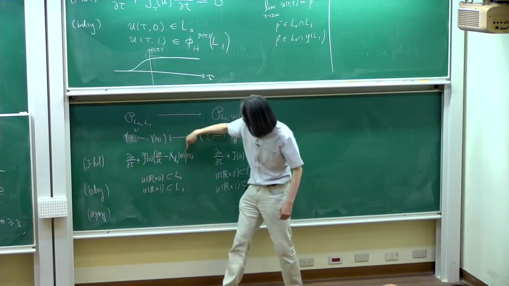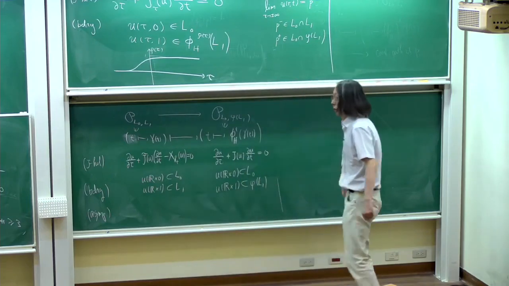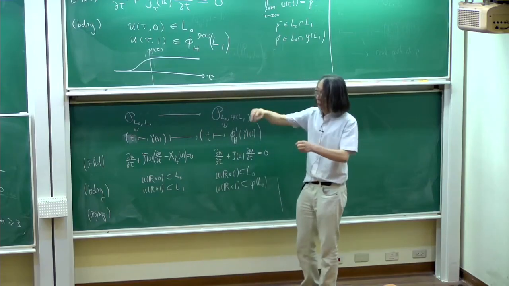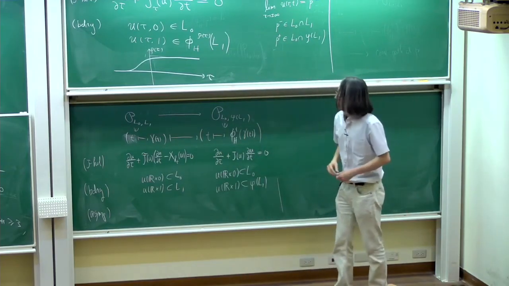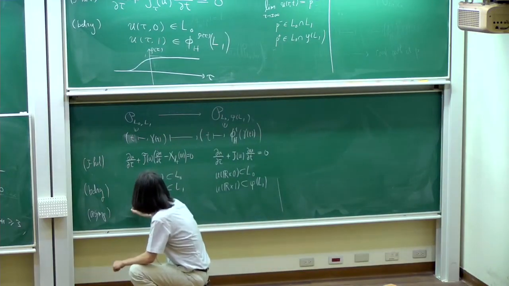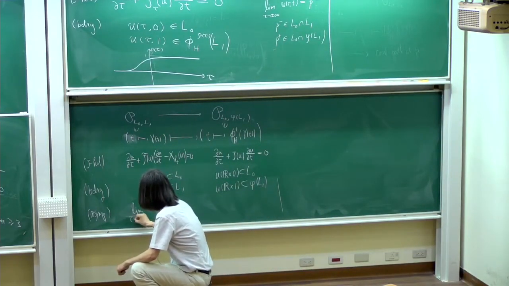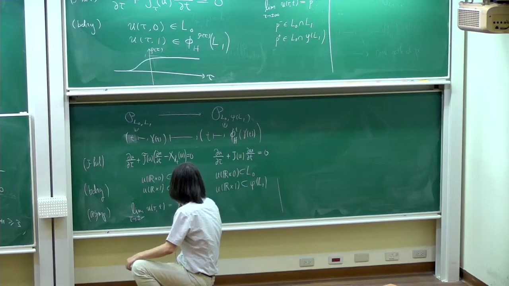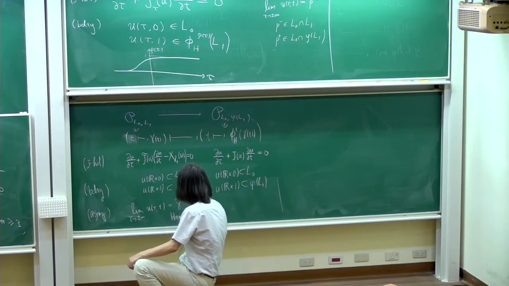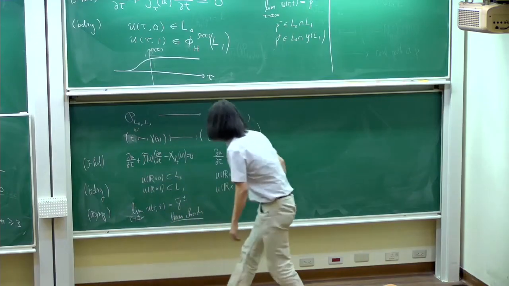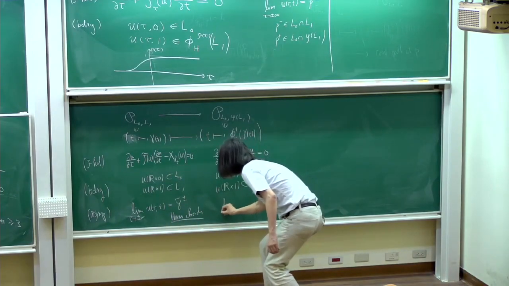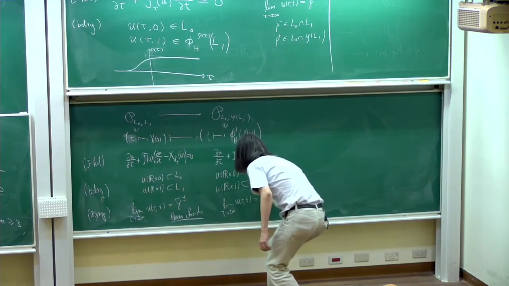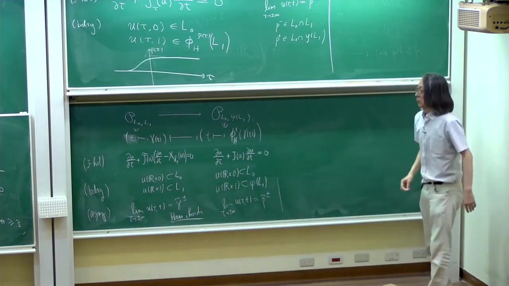And so this is the gradient vector field of some corresponding functional, and the critical point is a solution of this equation, namely the so-called Hamiltonian chord from L0 to L1. So here we have the limit as τ goes to plus or minus infinity of u(τ, t) equal to this γ tilde plus or minus. They are actually Hamiltonian chords. And here, the limit as τ goes to plus or minus infinity of u(τ, t) is equal to p tilde plus or minus.